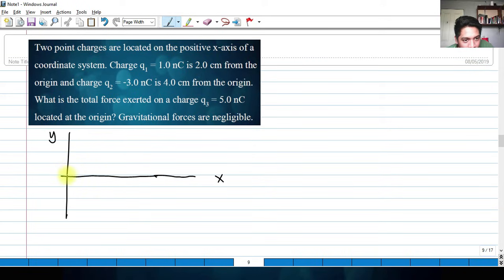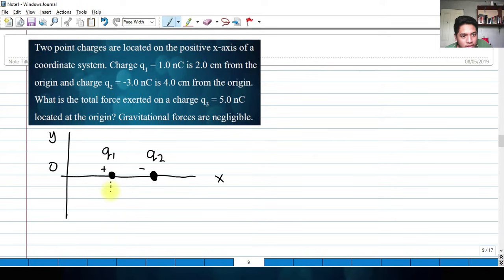So this is our origin, 2 cm away, so we can put this charge here. This is Q sub 1, which is a positive charge, of course. And we can put Q sub 2, according to the problem, 4 cm away from the origin, in the positive x-axis. This is Q2, which is a negative charge.